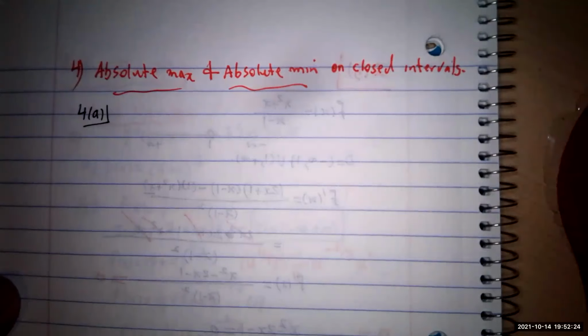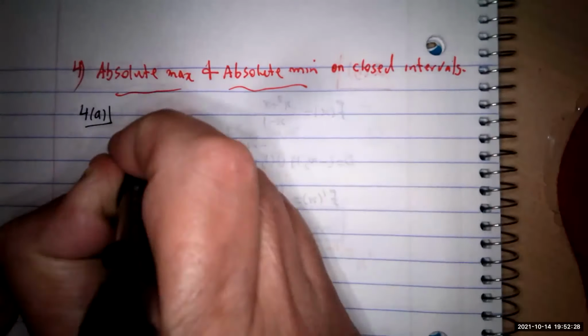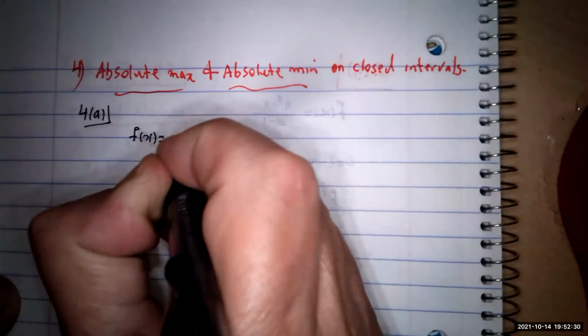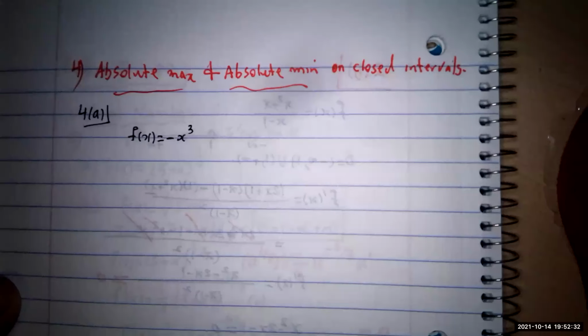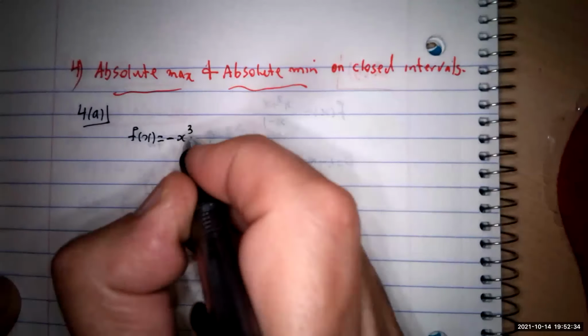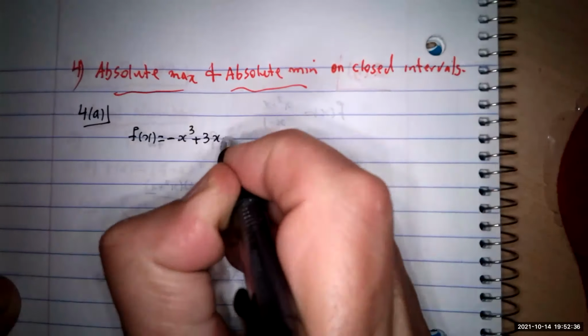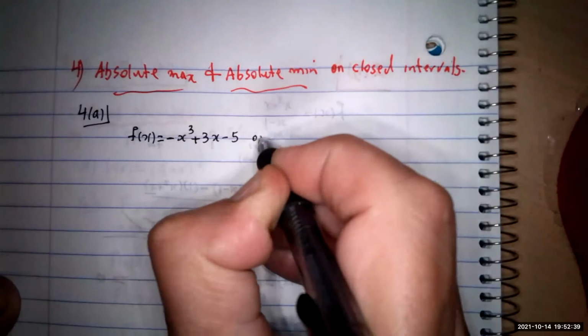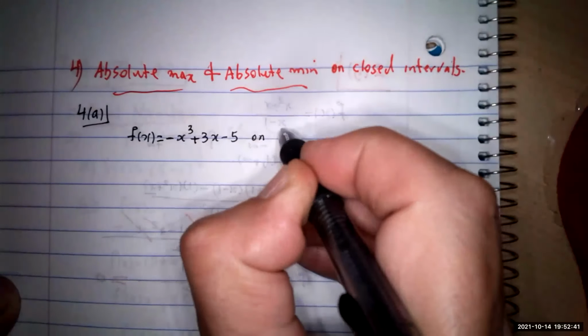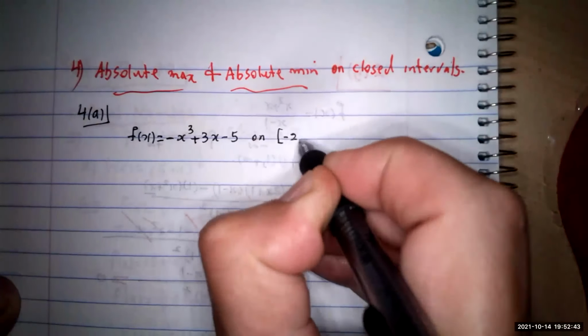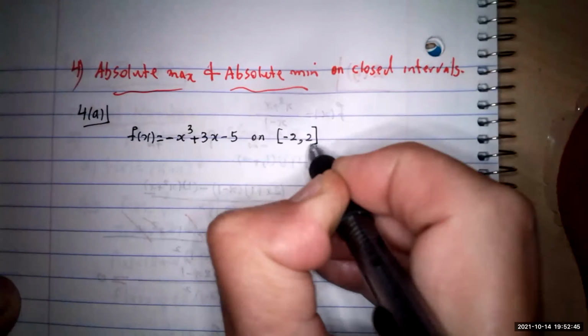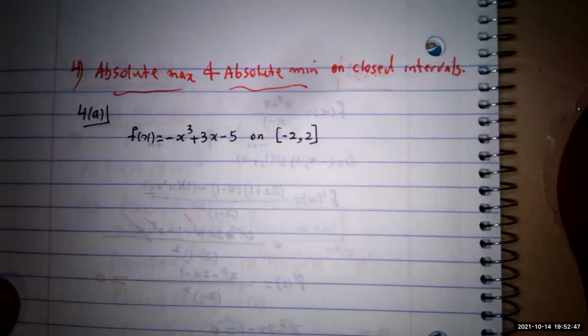The function is f of x equals negative x cubed plus 3x minus 5. We want to do it on the closed interval of -2 and 2. That's it. Absolute max, absolute min.